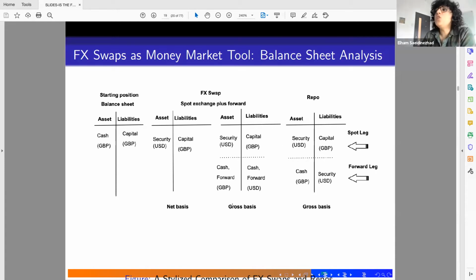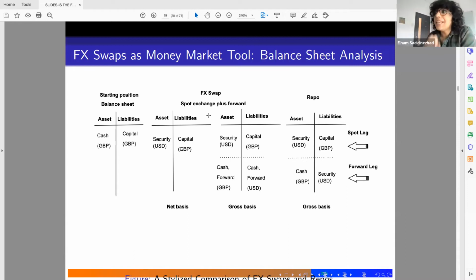But once we use gross basis to show all the transactions that are implied in the FX swap, we see that the story is very different, and it's very similar to what we see in the repo. So what is different here? In the first leg, remember, you are swapping your asset, and if previously you had cash denominated in the British pound, now you have a security that is denominated in US dollar.